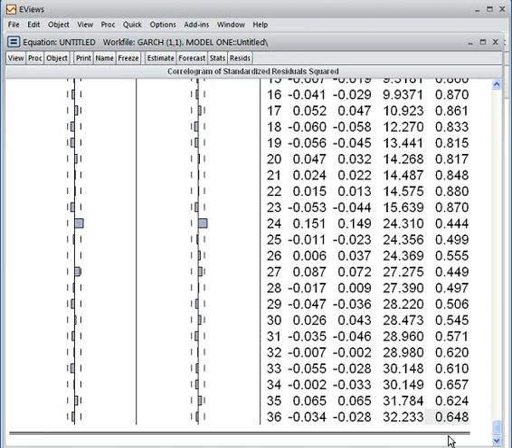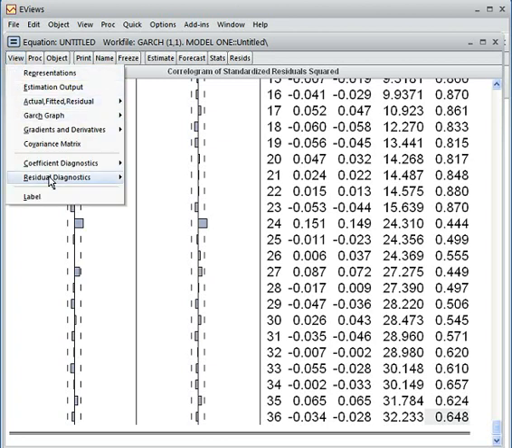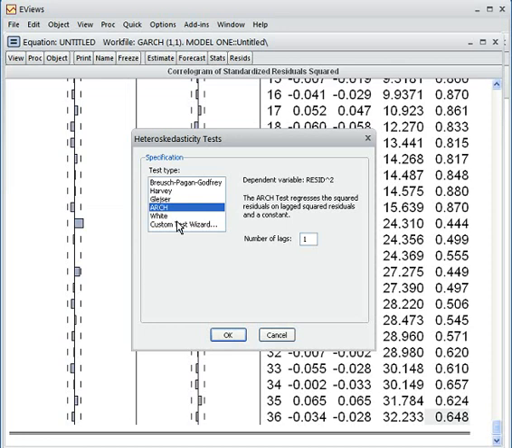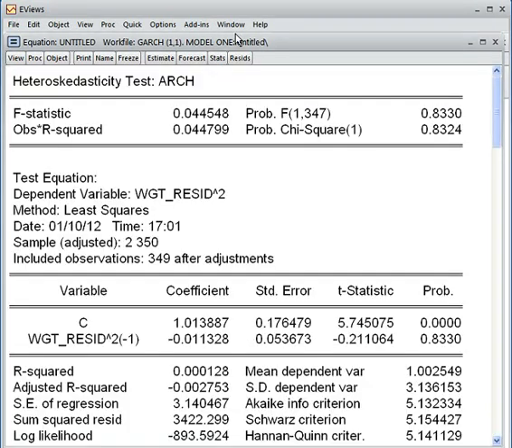Then we check whether this GARCH model has an ARCH effect or not. How to check the ARCH effect? I go to View, then Residual Diagnostics, and I choose the Heteroskedasticity Test, ARCH, which is already given, and I choose OK.